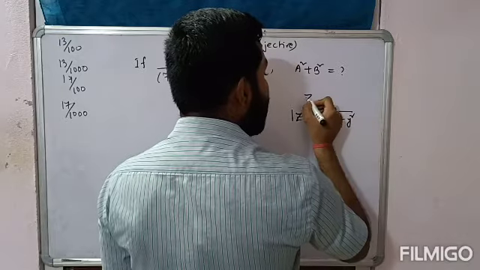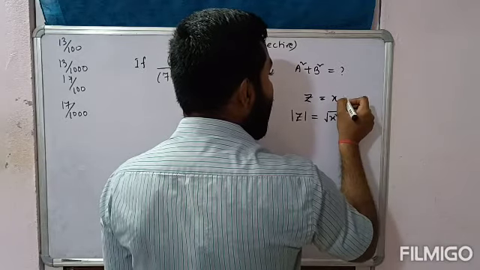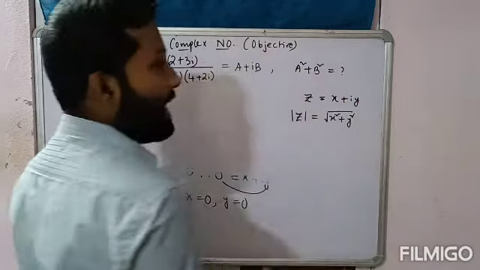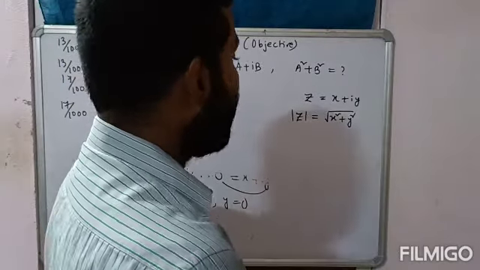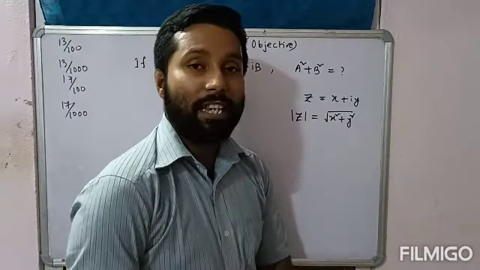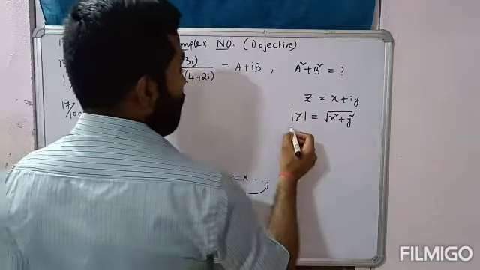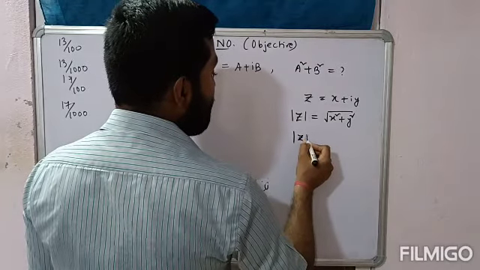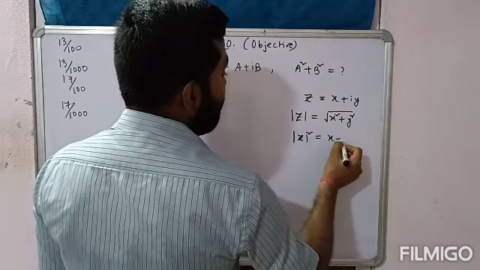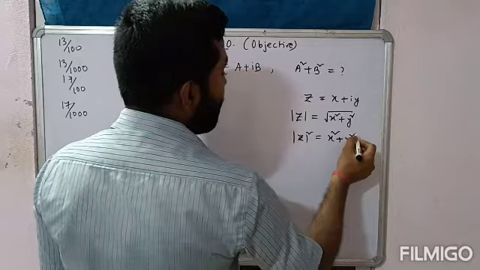That is, if z is equal to x plus iy, listen, then modulus of z is equal to root over x square plus y square. So modulus z square is equal to x square plus y square, we can write.